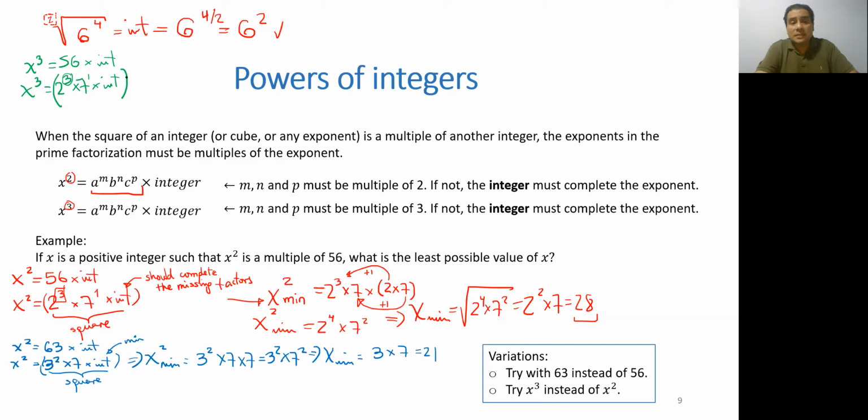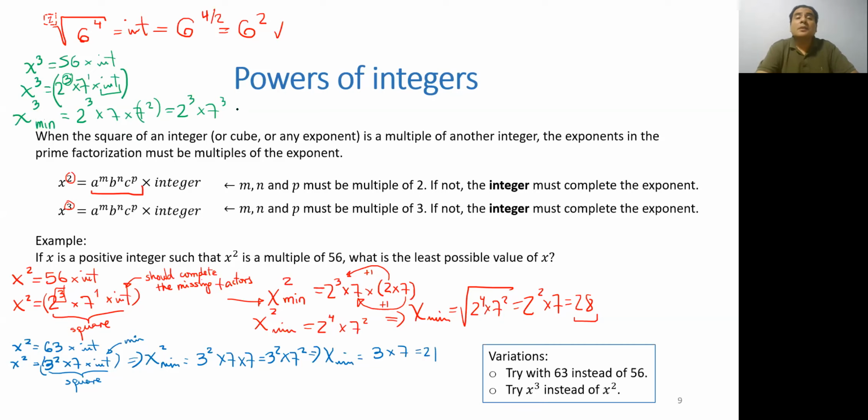So what we need is that this integer can aggregate the exponents that we are missing. So for the minimum value of x cubed, I would use the minimum factor with additional numbers that can complete the exponents being multiples of 3. If I multiply this by 7 squared, this will become 2 cubed times 7 cubed.